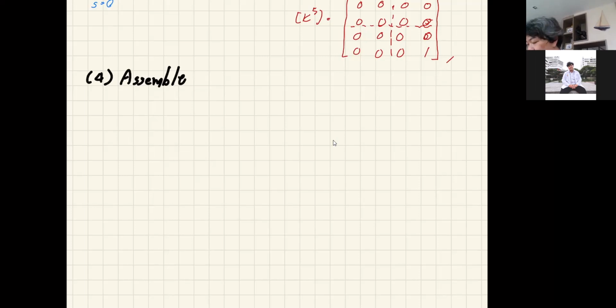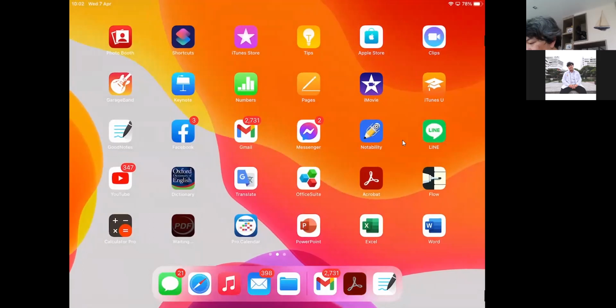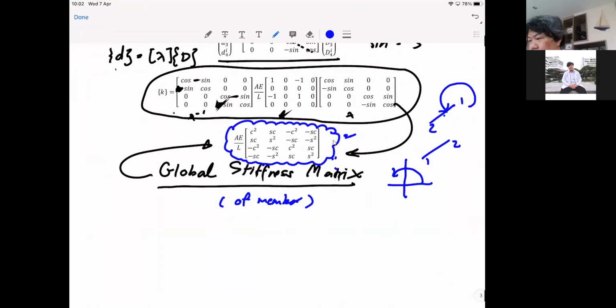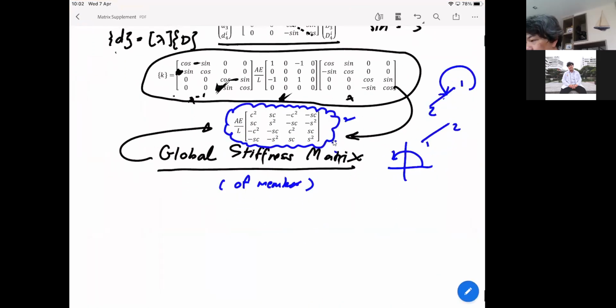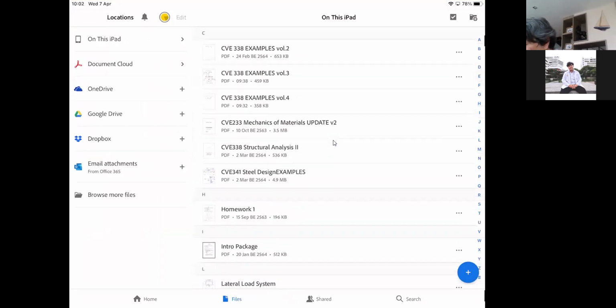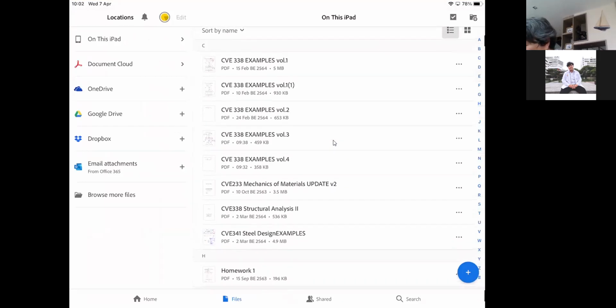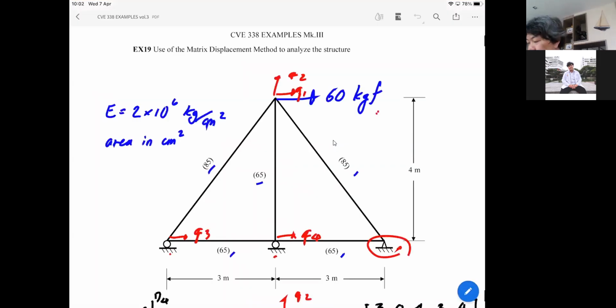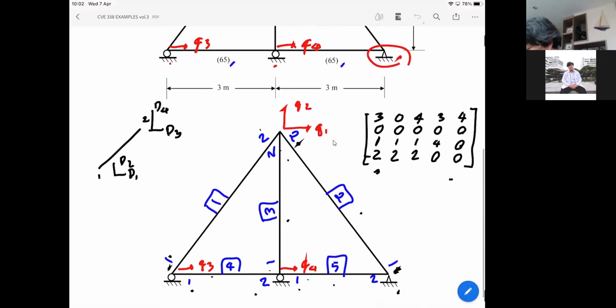Step number 1 is here. I didn't see it the last time, but I think it may be useful for you. So that's why I'm coming back to see this. This is step number 1.